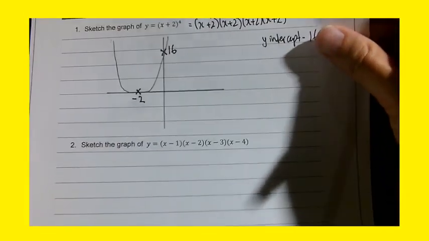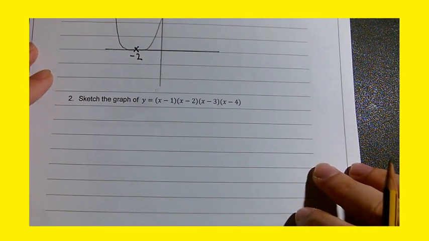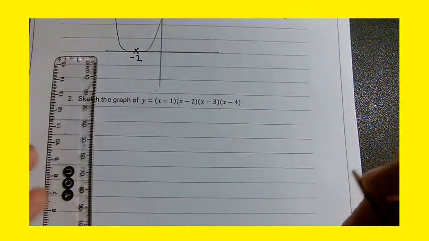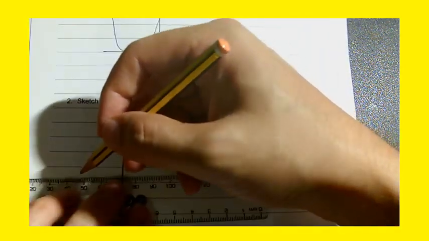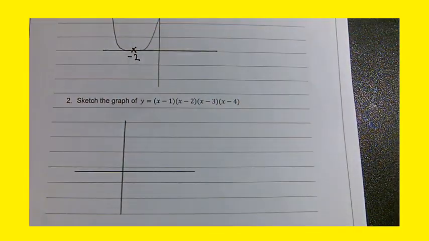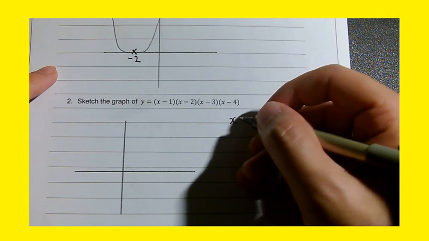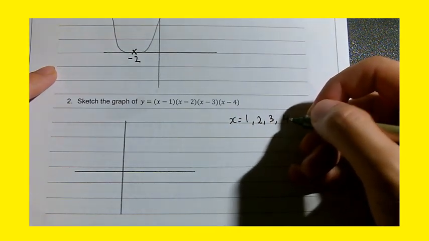We've got to sketch the graph of this. Now we can clearly see this graph is going to be very different. So the x-intercepts will be 1, 2, 3 and 4.